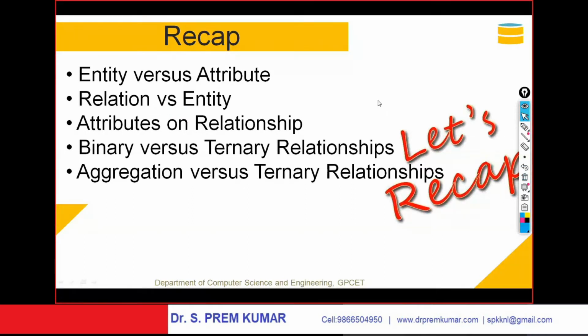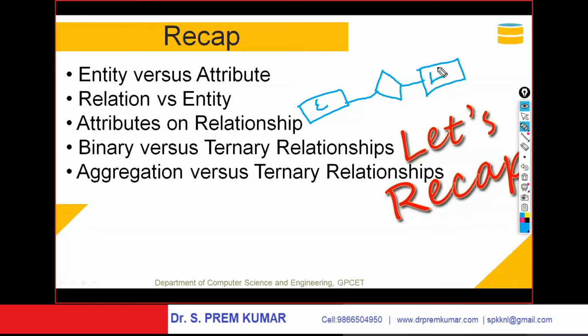Here the point to be remembered is that sometimes there will be some attributes on a relation. For example, let me say this is an entity employee. The employee is working for a department. Department is another entity.